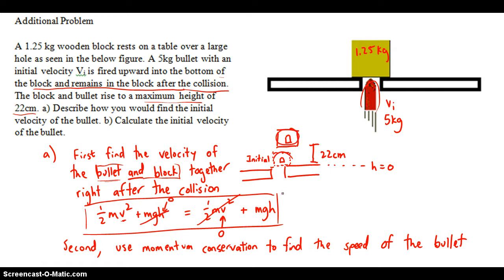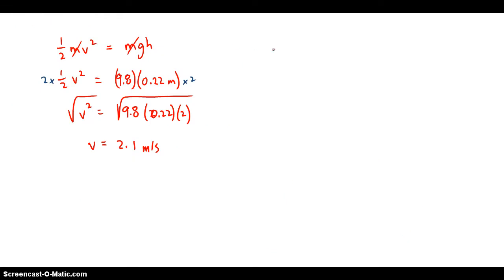Okay, so now we've got to look at this as a momentum conservation. So let's try to draw the scenario. Before, we had this bullet moving and this block at rest.